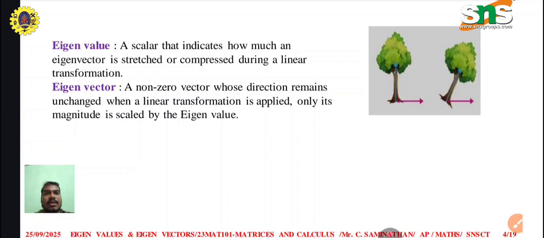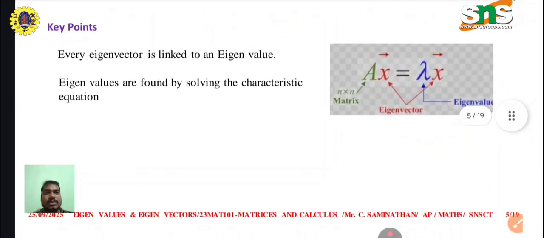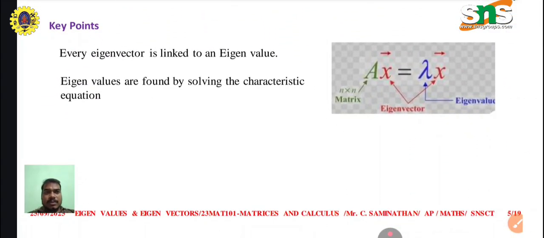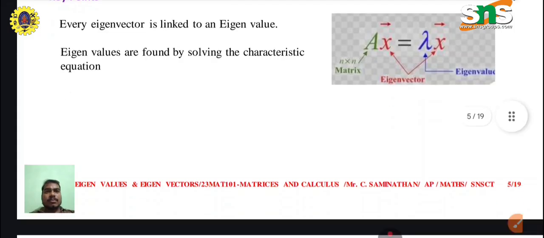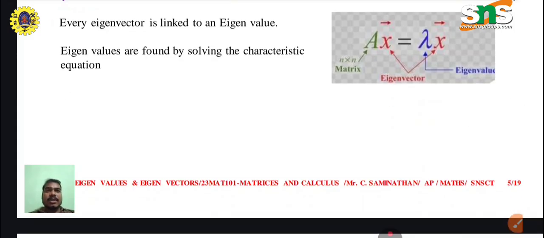Eigenvector: a non-zero vector whose direction remains unchanged when the linear transformation is applied; only its magnitude is scaled by the eigenvalue. The key points: the eigenvector is linked to an eigenvalue, and eigenvalues are found by solving the characteristic equation.